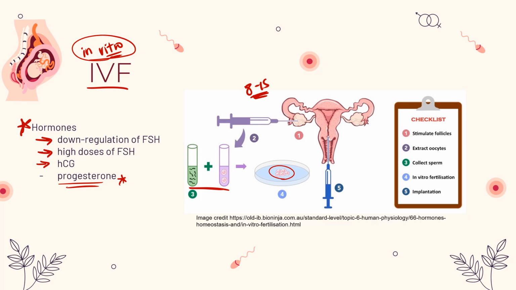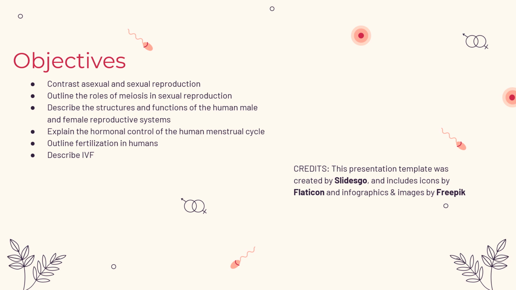And on that note, my friends, we have achieved all of our objectives. We contrasted asexual and sexual reproduction. Asexual reproduction, super helpful when the environment is not changing. Sexual reproduction, more helpful when it is. We talked about the rules of meiosis in sexual reproduction, producing those gametes so that we can have fertilization occur.